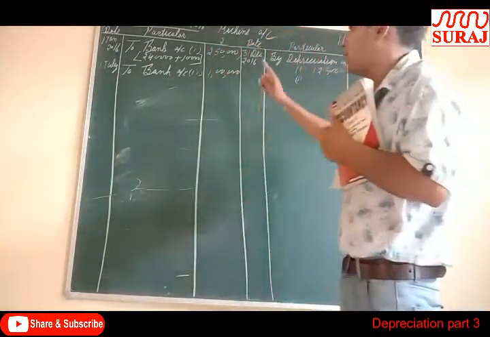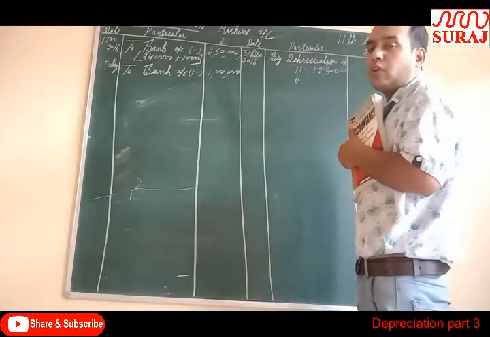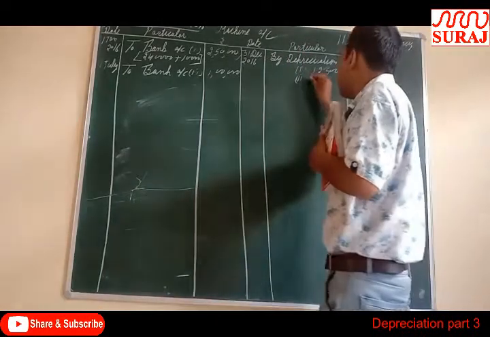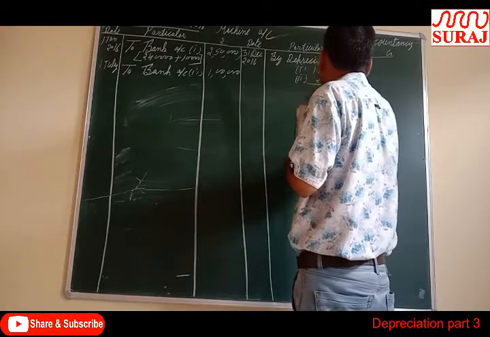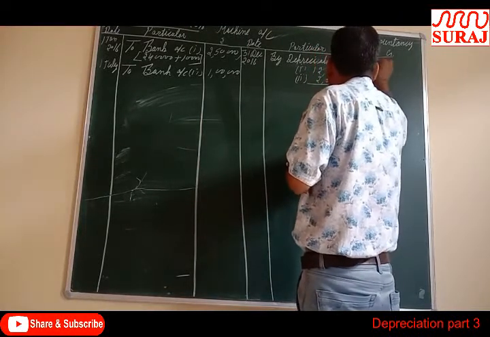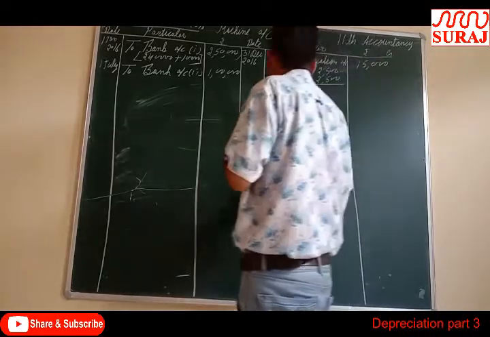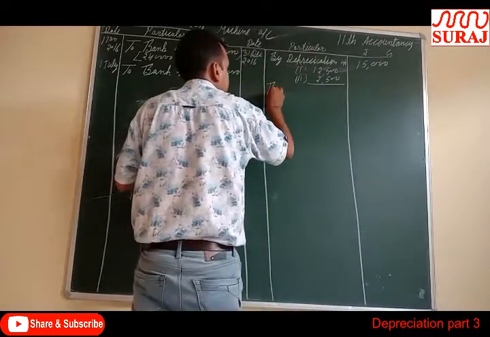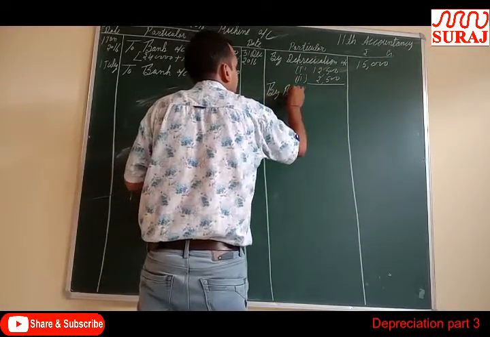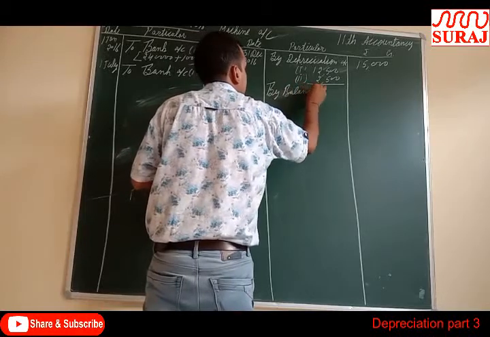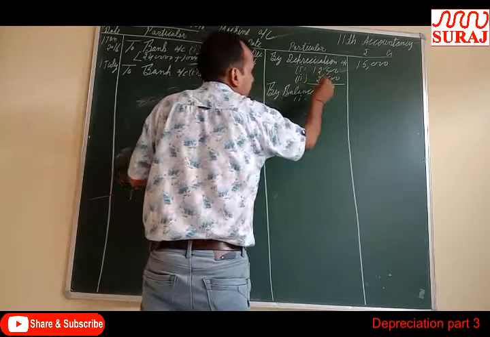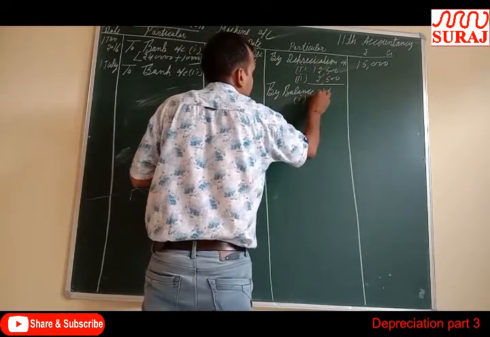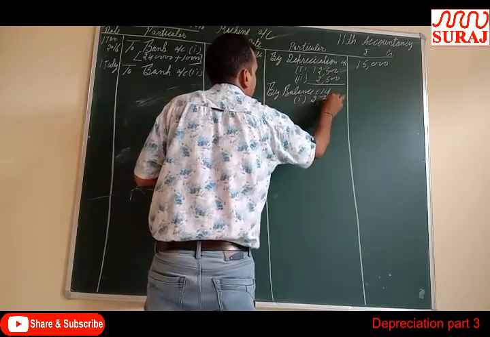And for the second machine, the depreciation for a complete year is 5,000, but it is used for 6 months, so the 6 month depreciation is 2,500. Total 15,000. Calculate the balance c/d. First machine 2,50,000 minus 12,500 is 2,37,500.